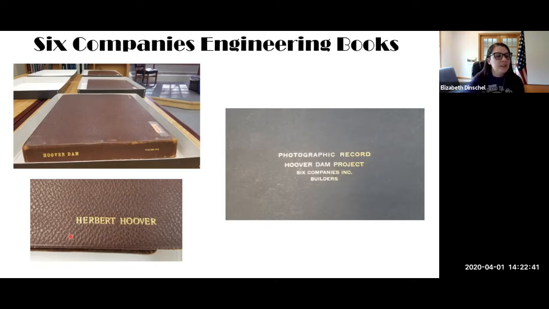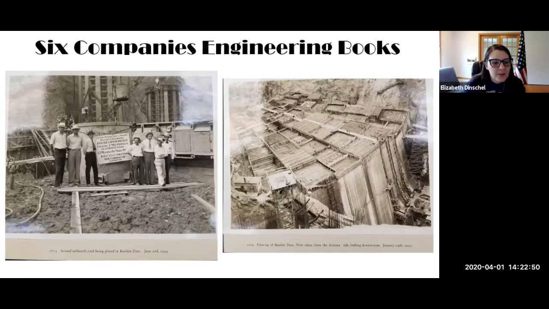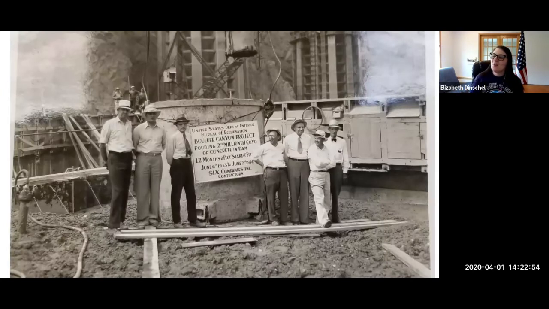We're going to get to look at some of these pictures. It's really cool to see what it looked like while they were building it. So here, I want us to check this one out. This is cool. It says United States Department of Interior, Bureau of Reclamation, Boulder Canyon Project pouring second millionth cubic yard of concrete in the dam, 12 months after the start of pouring.